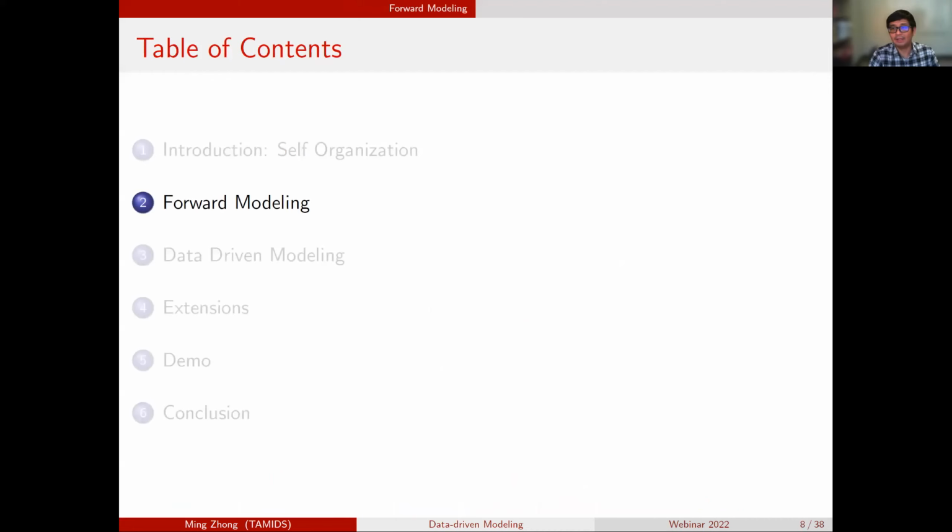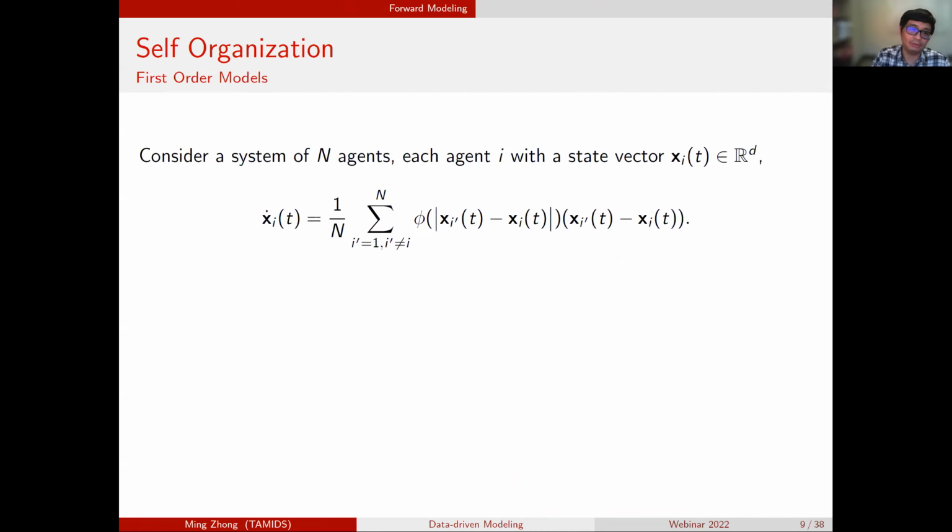Okay, so the next thing is let's look at some forward modeling of self-organization. Let's look at some really basic examples. First is this first-order example of n agents. We're going to assign each agent a so-called state vector that contains its position, velocity, emotion, etc., or anything about these agents.